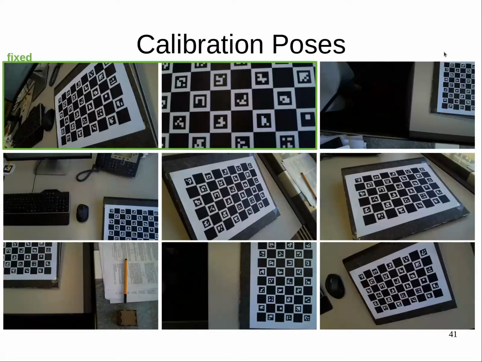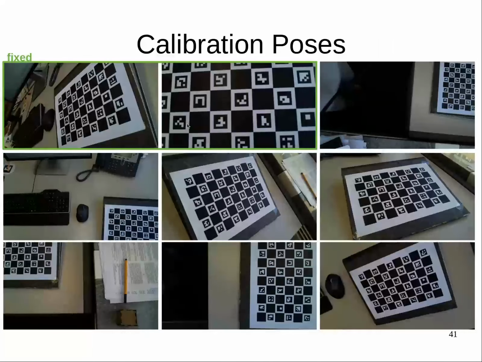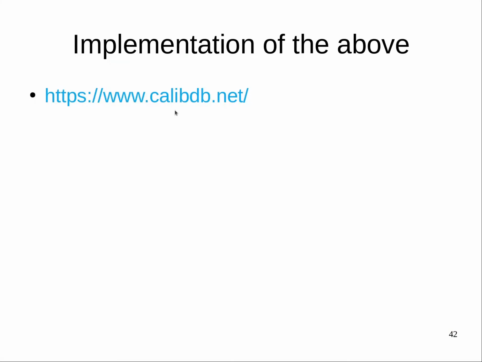The method which I just described is now available online at this web page, which provides you a guidance through the calibration process. It shows you the 2 initial frames which you have seen here, and then it starts interactively guiding you through the calibration process until convergence is detected.